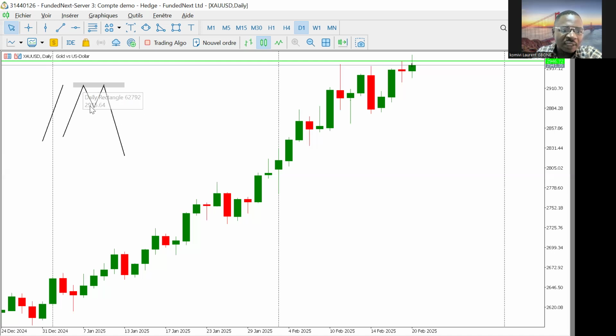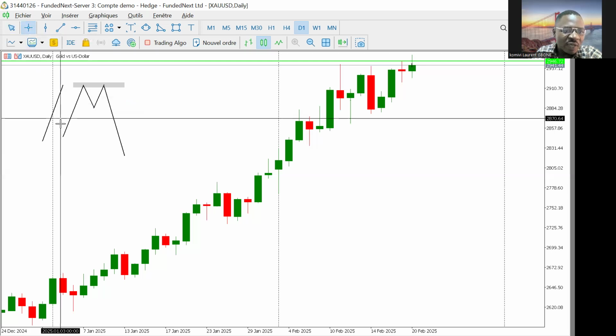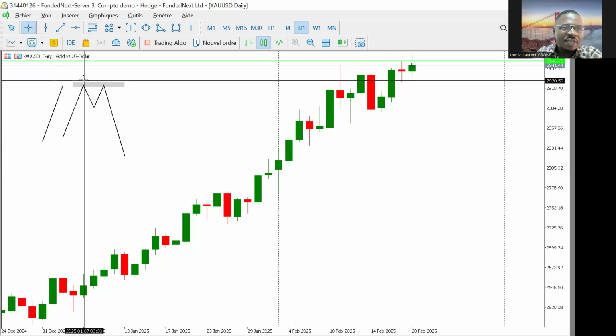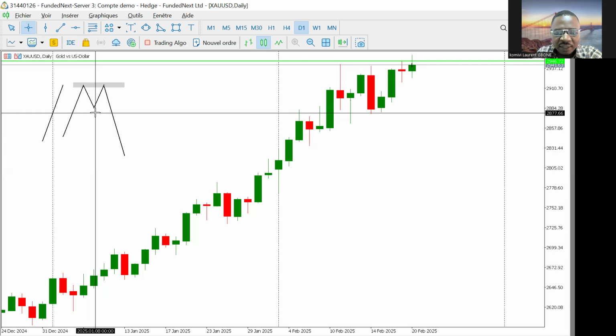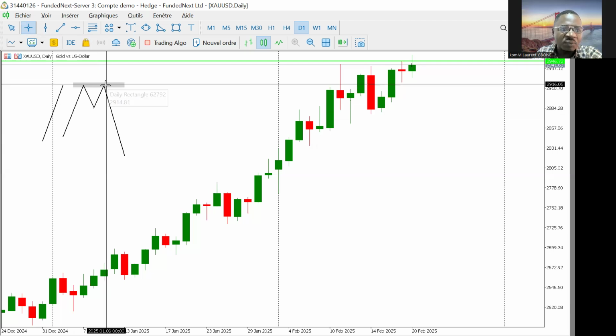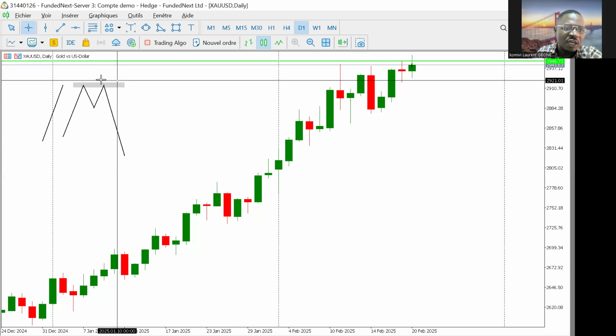Here is the pullback. First we have the rise, the pullback, and then the price rises again to a similar zone.